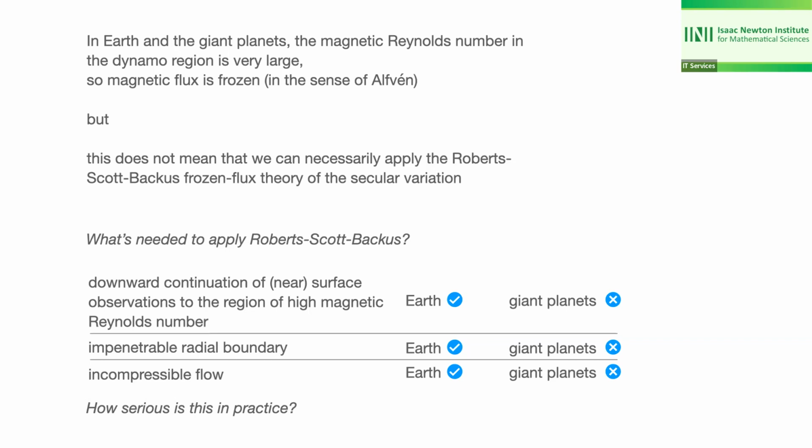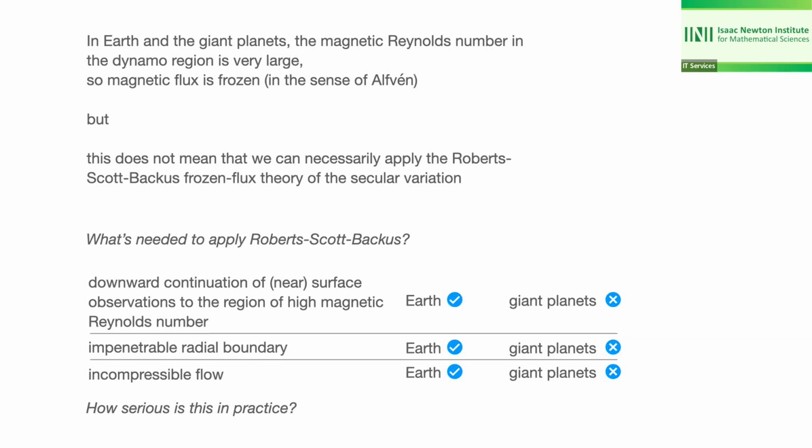So we can't simply choose some radius, 0.9 of the planetary radius, say we'll downwardly continue to that depth, and all will be well, and we can apply Robertson-Scott in the giant planets. It just doesn't work that simply.